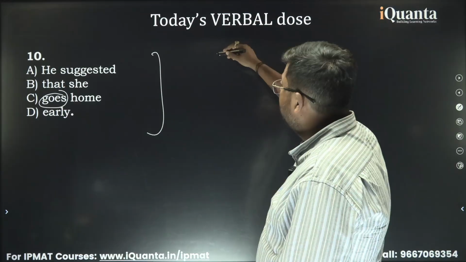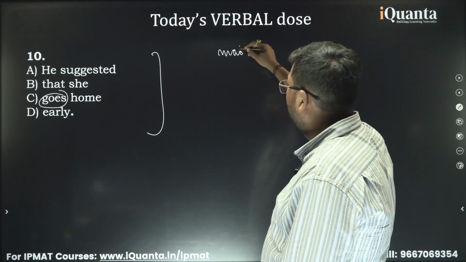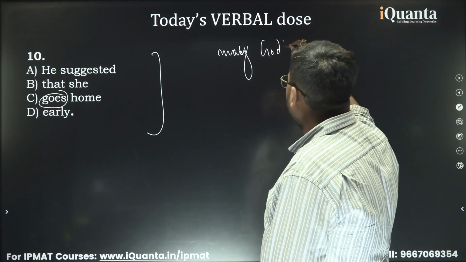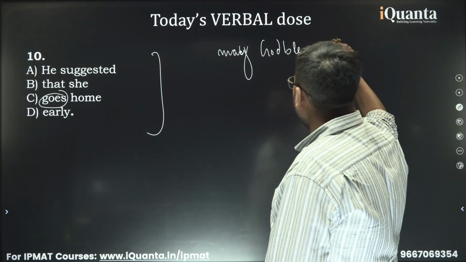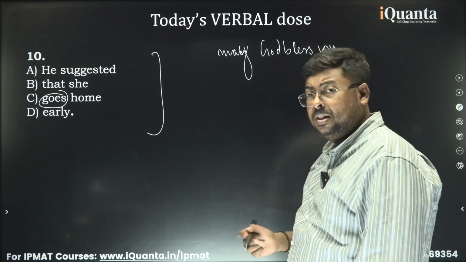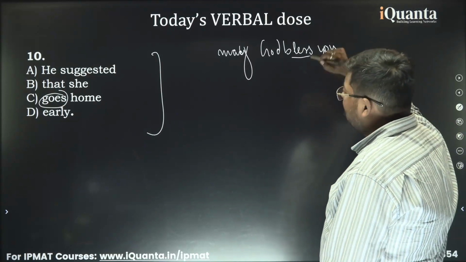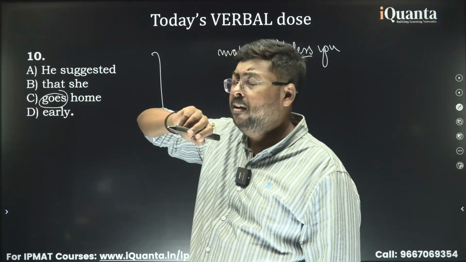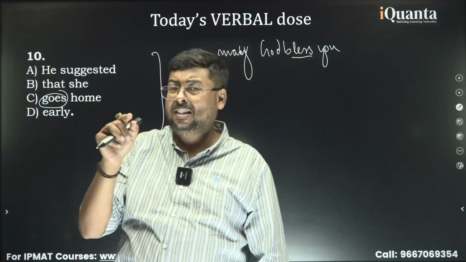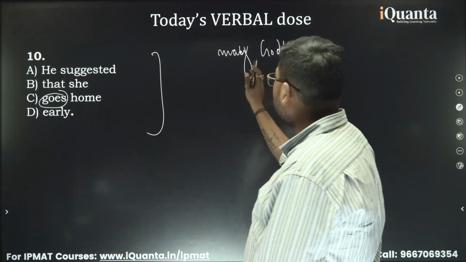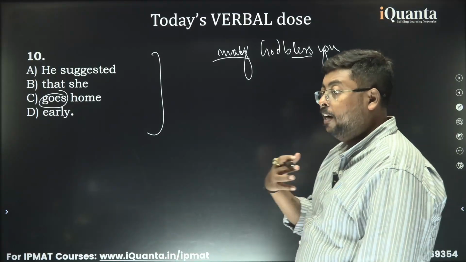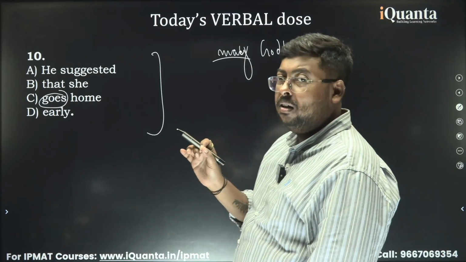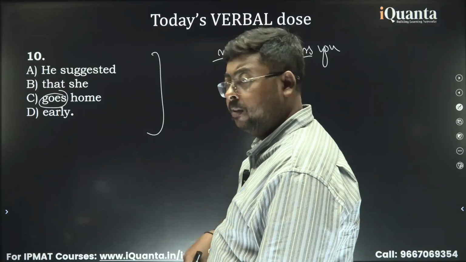We say, may God bless you. Now this bless, as per God, because there is only one God, it is singular, so therefore it should be God blesses you. But because this may is written out here and this is an optative sentence, we would say may God bless you. That es part, that extra part will not be written.